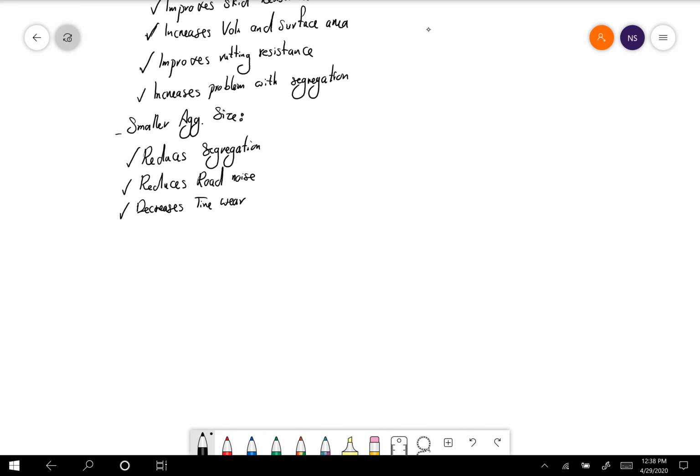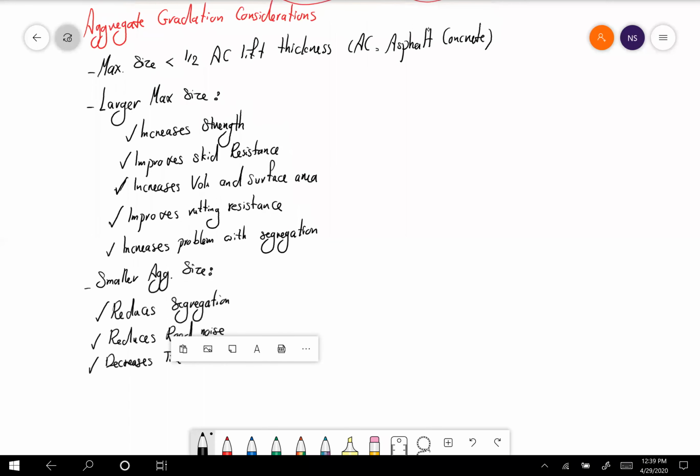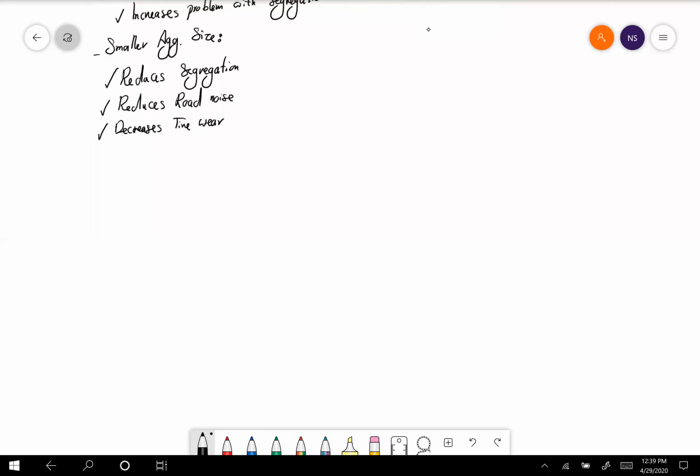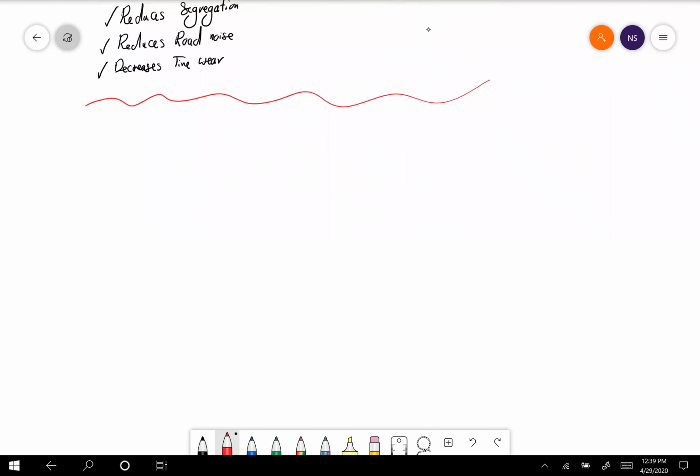Right? So those are the considerations for the larger or smaller aggregate size. And then there are a number of other considerations for the number of crushed faces or crushed fragments in gravels.